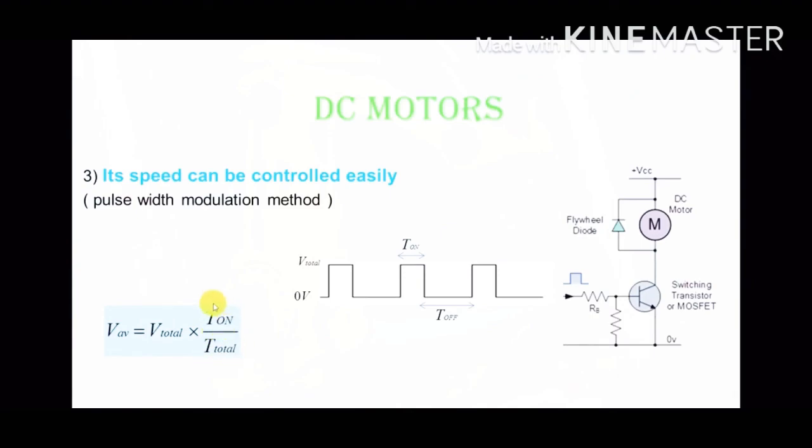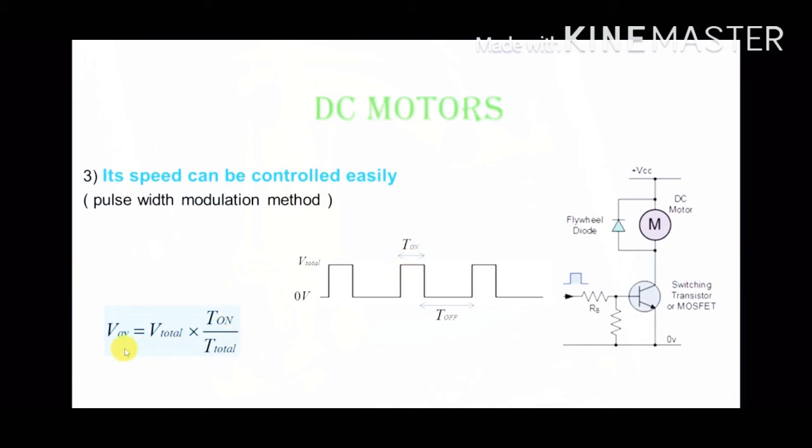The t on is the time at which we have the total value of voltage, and the t total is the time over which we apply the signal. So the t total equals t off added to t on. The addition of t on and t off gives us the t total.